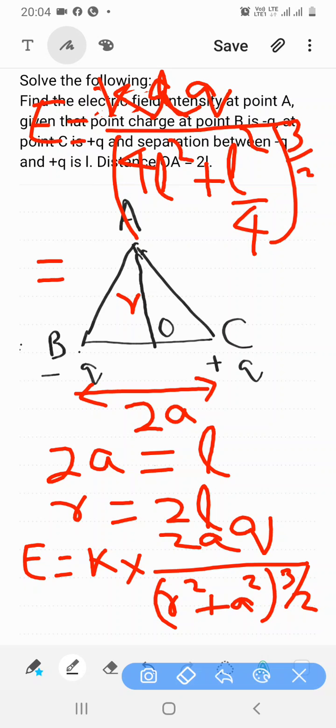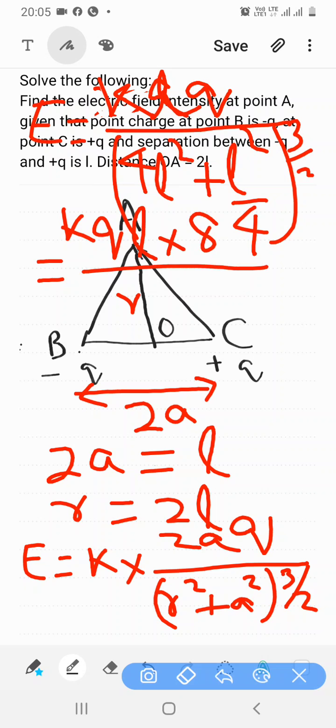So, your answer will be K Q L into 4 to the power 3 by 2, that is 2 to the power 3, 8, upon L cube multiplied by 17 root 17, and cut L with L here.